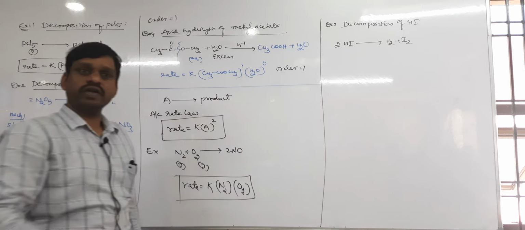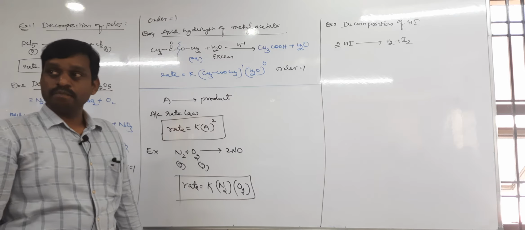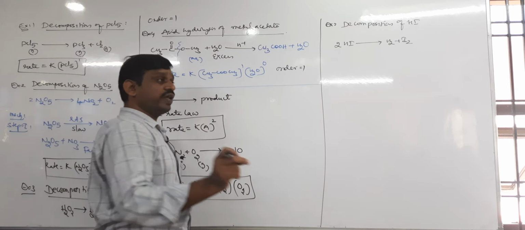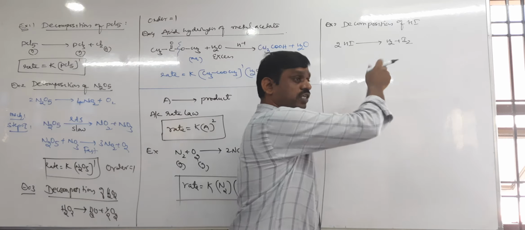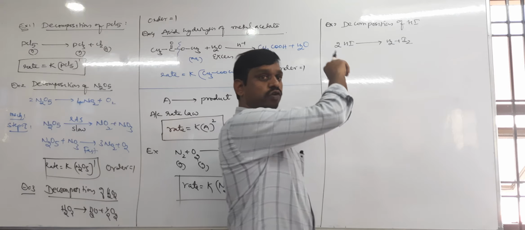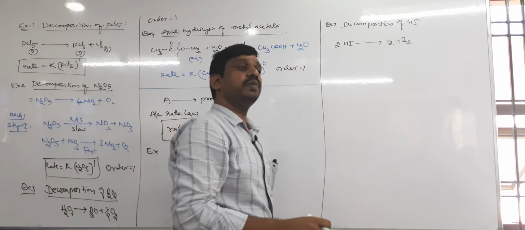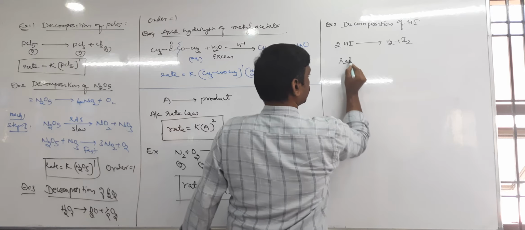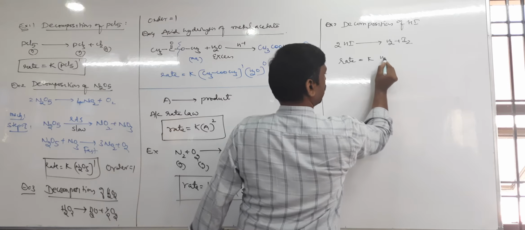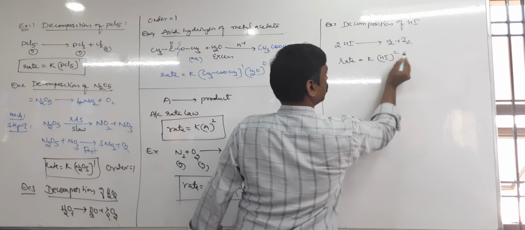But the same example you have written under zero order. The difference is, in zero order the reaction takes place on a gold surface. If you write gold surface, it becomes zero order. If you do not write any catalyst, it becomes second order. That is the difference. Therefore now here rate equals K into HI molar concentration power 2.